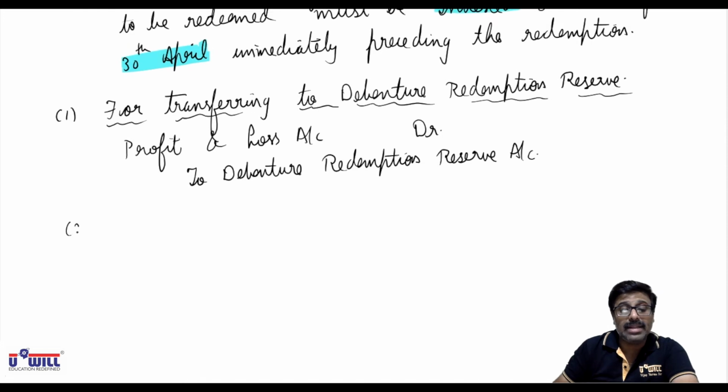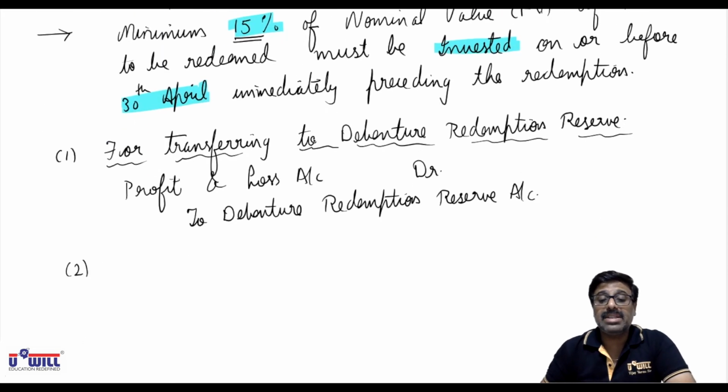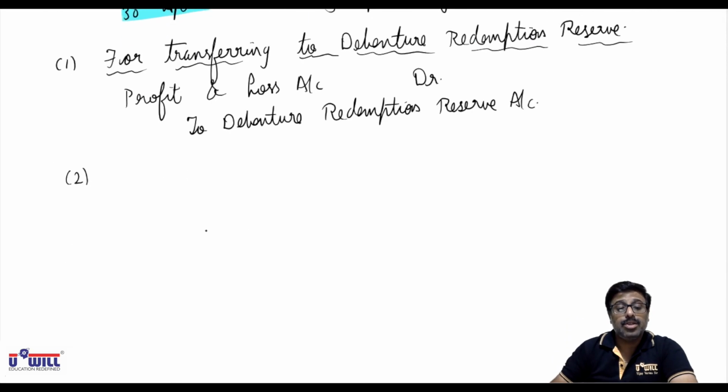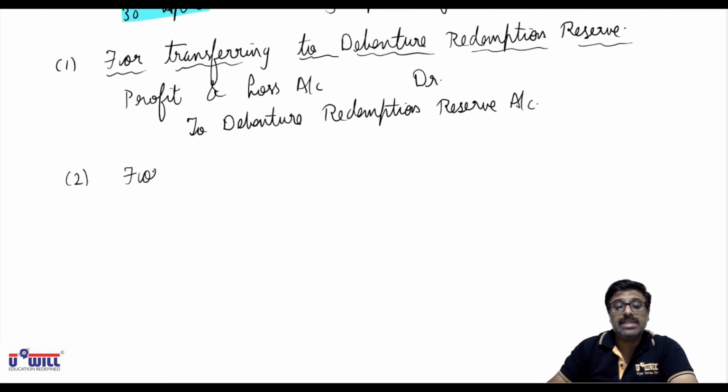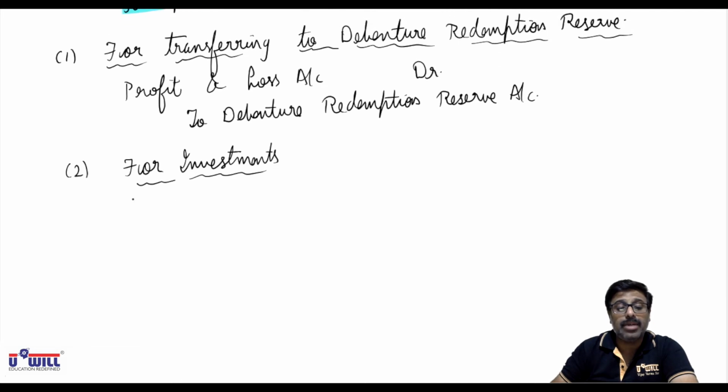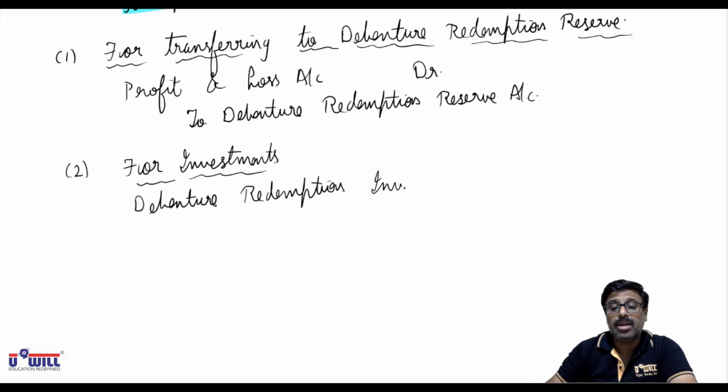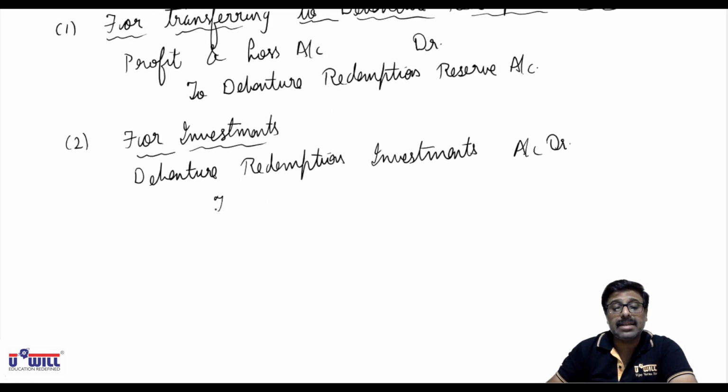And for the second one, that is the 15% amount which must be invested, the entry will be debenture redemption investment account debit. You are purchasing the investment, so investments comes in debit, and you pay the money, so cash goes out, or bank is the giver, credit the giver, bank account.